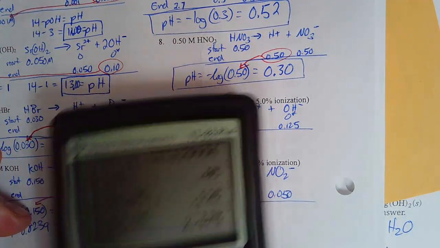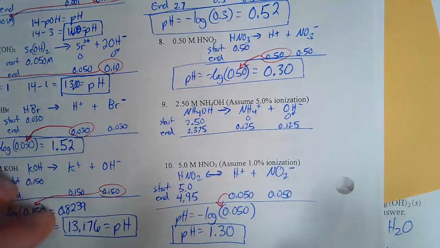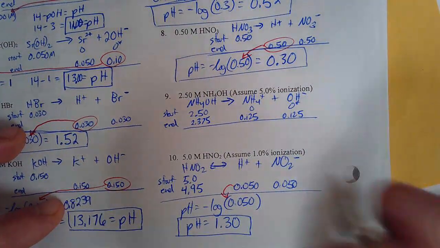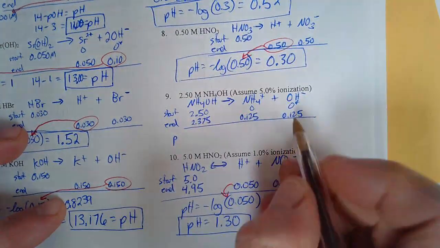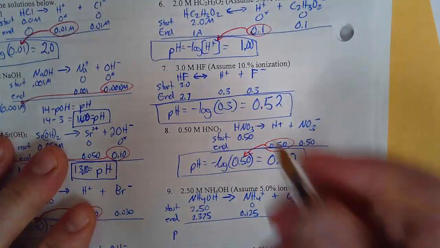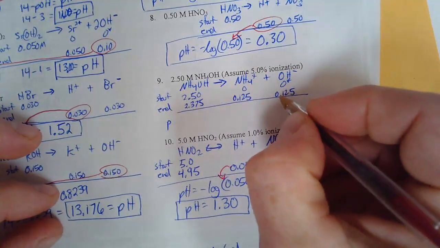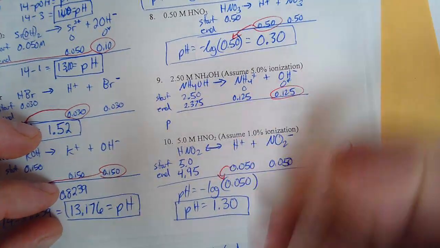All right, so 2.375. All right, and okay, so I have hydroxide concentration. So I just realized I forgot to draw that. Look at that. Okay, I have hydroxide concentration, so I can do pOH.